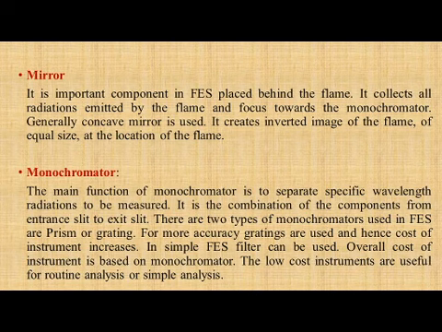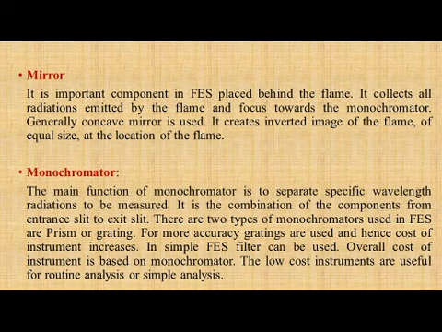Next component is the monochromator. The main function of the monochromator is to separate the specific wavelength radiations to be measured, and it depends on the element present in the sample solution. That element shows different wavelength radiations.